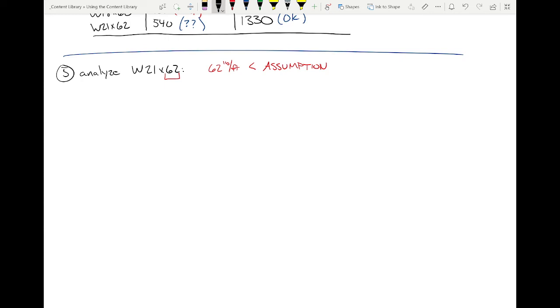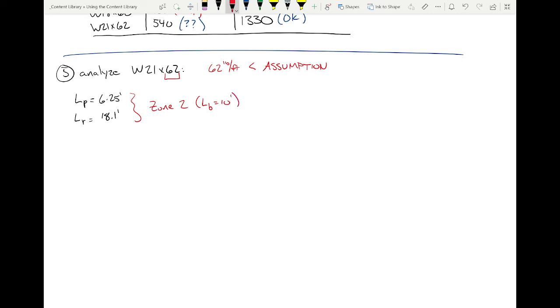So let's do some analyzing. What's LP and LR? 6.25 and 18.1. Now, this is zone what? 2, because LB is 10 feet.